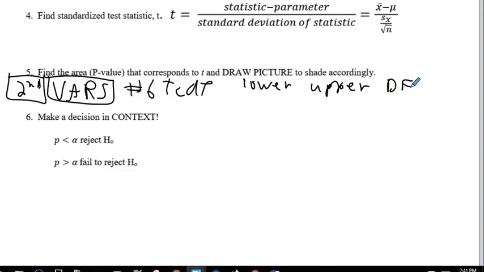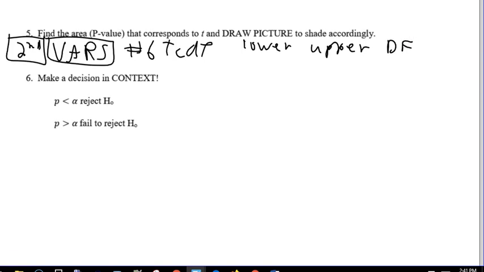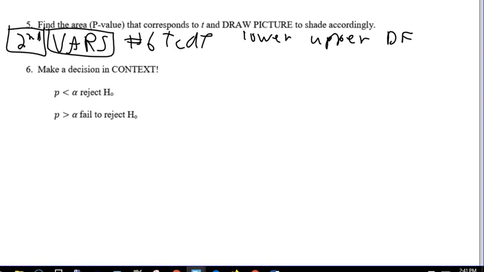Just as a subtle hint: lower, upper, degrees of freedom. This is tcdf, that's the choice you're picking on the calculator. If our number is negative and we're doing a left tail, we are going to have negative 999 as our lower, then our negative t value, and then our degrees of freedom.